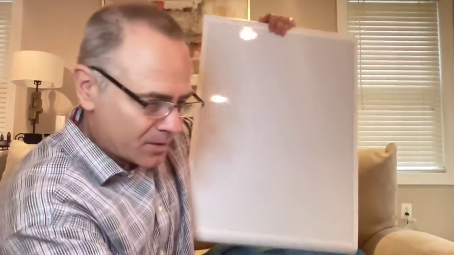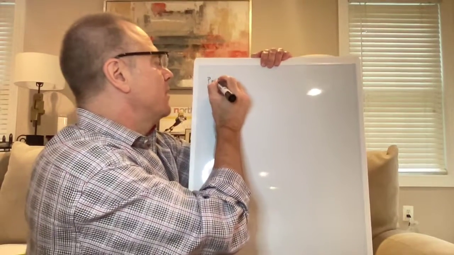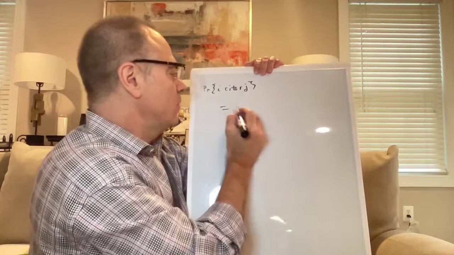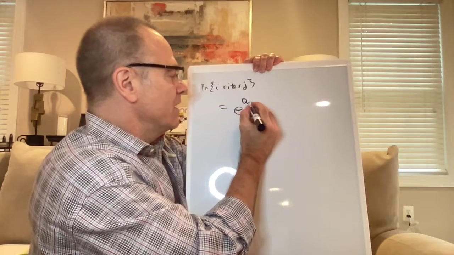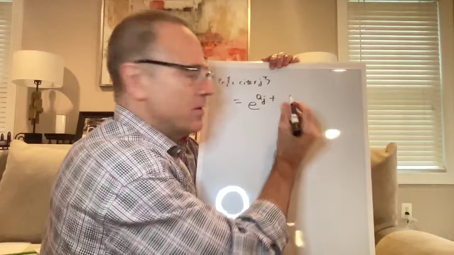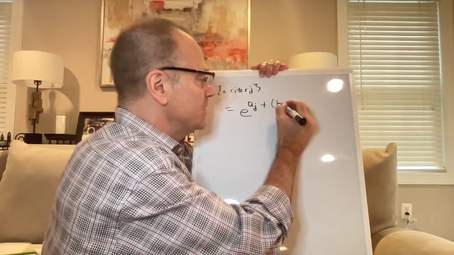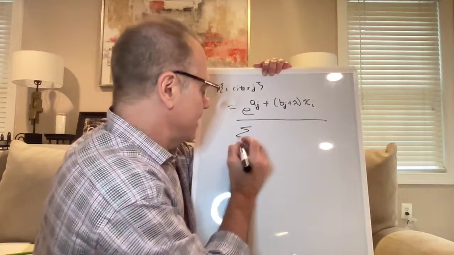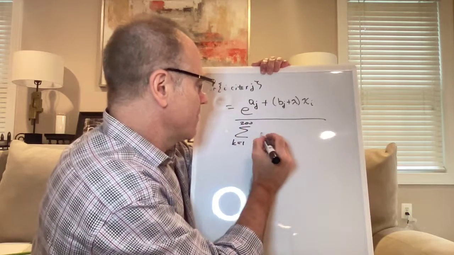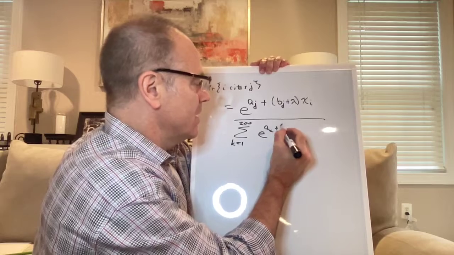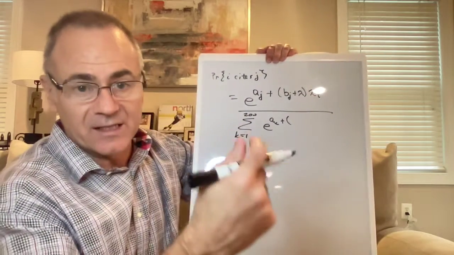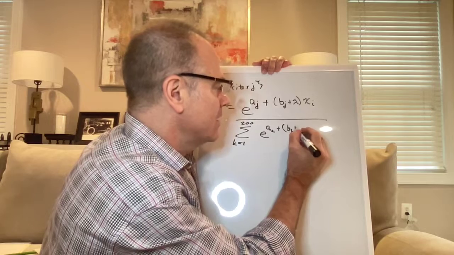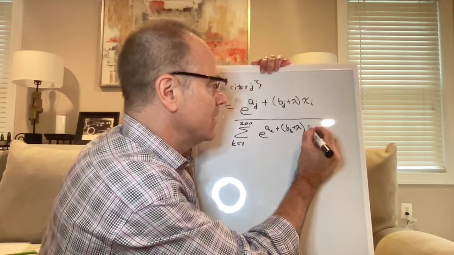So that term, probability I cites j, equals e to the a sub j plus, all right, now instead of b sub j, I'm going to write b sub j plus lambda times xi, all divided by summation k equals 1 to 200 e to the a sub k plus, now I'm adding lambda to all the b's, so we're going to add lambda to that b sub k. So b sub k plus lambda times x sub I.